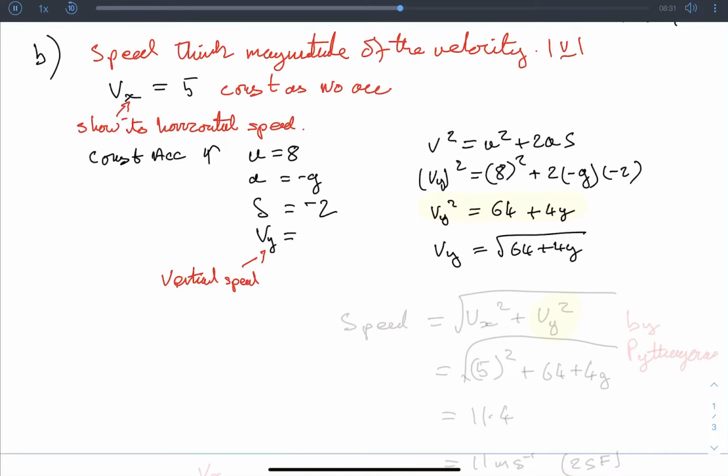So now we get to the speed. So the speed, remember, is the magnitude. So the speed is equal to the square root of Vx squared plus Vy squared, the horizontal and the vertical components squared, by Pythagoras.